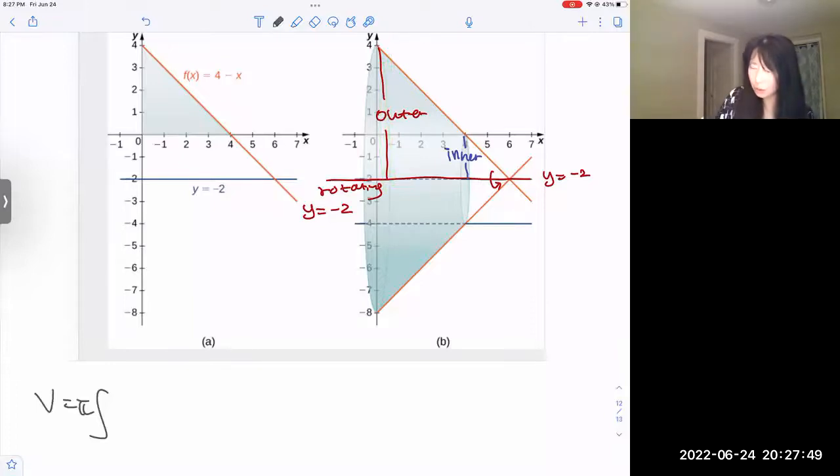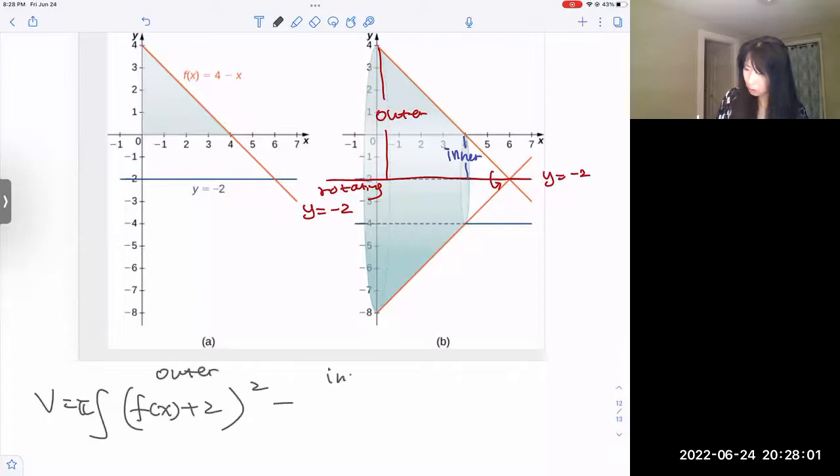So let me write down. This outer minus inner, the inner we count, it's 2 units, right?